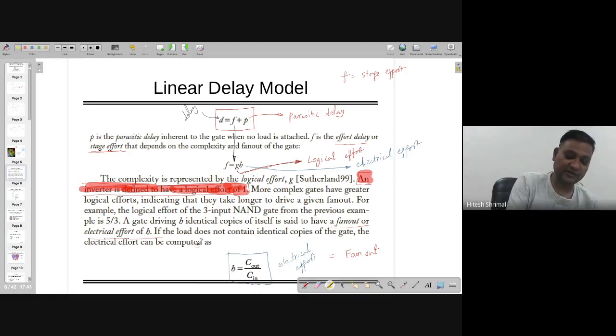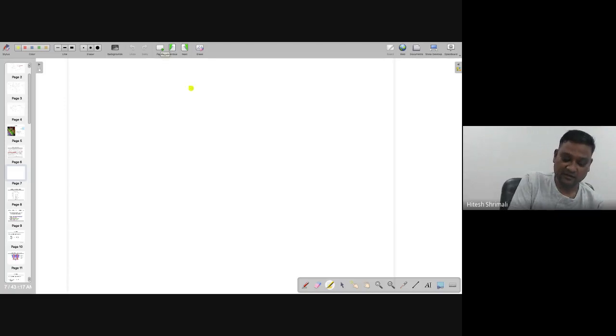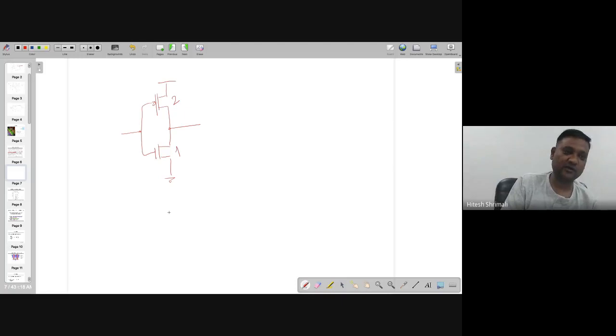What I mean is, if you remember yesterday when we talked about logic gates, if this is the particular inverter where this is 1 and this is 2, these numbers are normalized with the W by L of NMOS, right?